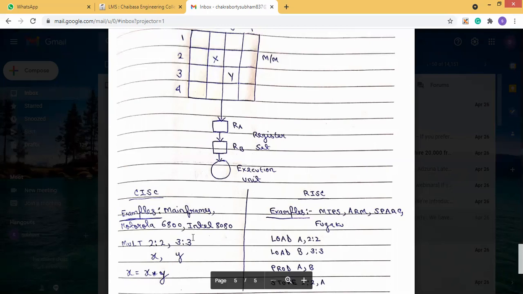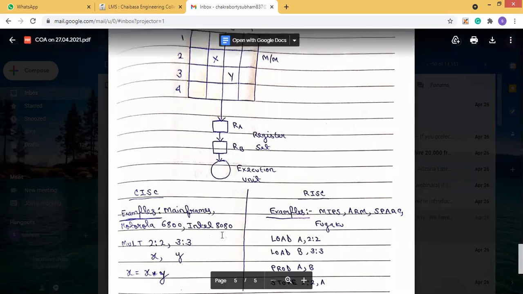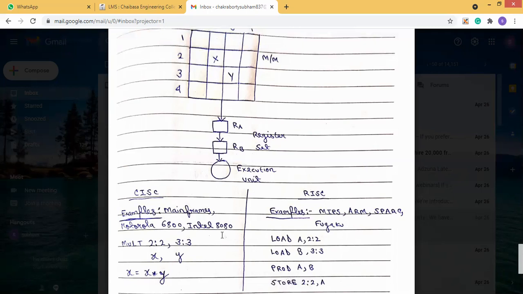Now if you see clearly, in CISC there are no registers mentioned. As I have already explained, CISC mainly does data manipulation directly in memory, so it is mainly memory based. But in a reduced instruction set, we have to use registers.